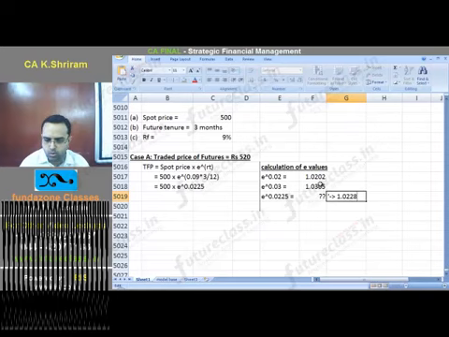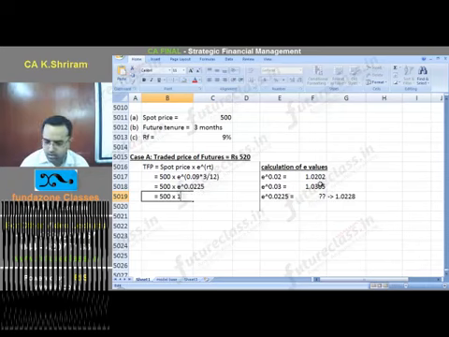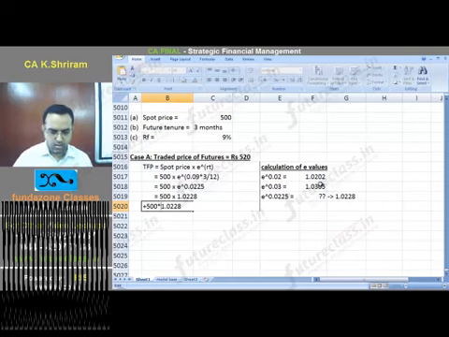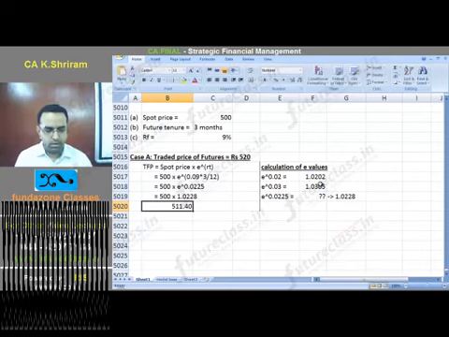So 1.0228. Substitute the number here. So what is the theoretical future price that you get? You get 511.4.